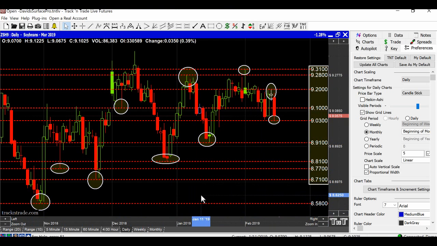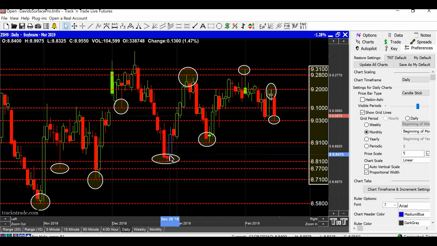Now, how could you use that? What benefit would that be for you to know that? Well, wouldn't it be beneficial for you to know where the price may come down to and place a protective stop?